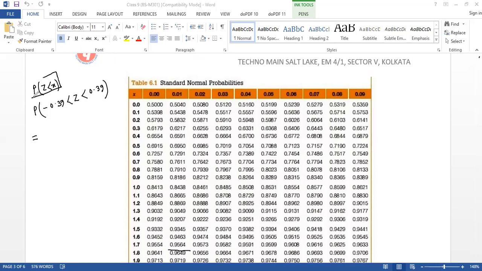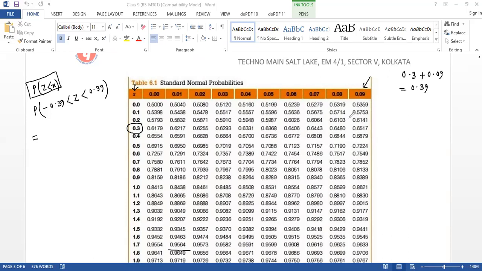Suppose I have to mark this point, 0.3, over here. These are the values of x, as you can see. If I move to the right hand side, you come to this particular point, 0.09, because if we add 0.3 to 0.09, we get 0.39, isn't it?